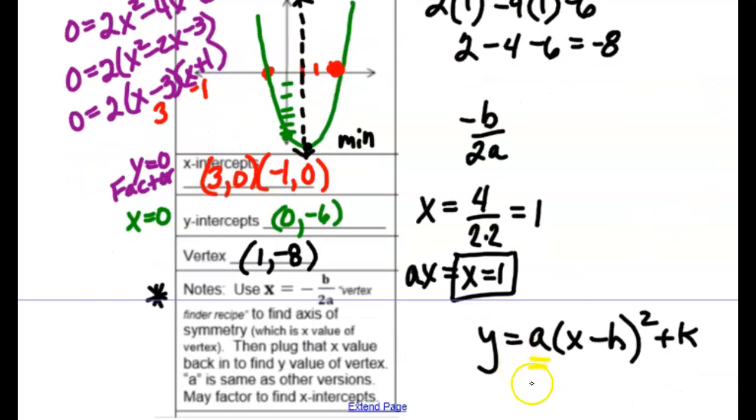The a was a 2, and we just found h and k by finding the vertex, so it would be x minus 1 squared minus 8.